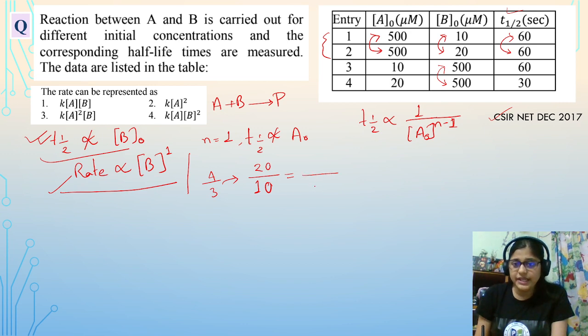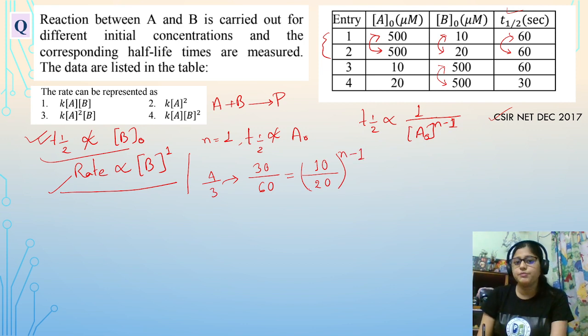So this will be the A to the power. Corresponding A value should be here, right? I will put here T half values. For entry 4, T half value is 30, and for entry 3 it is 60. And for these, the corresponding A0 values are 20 and 10, to the power n minus 1.